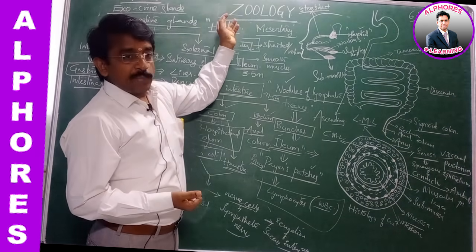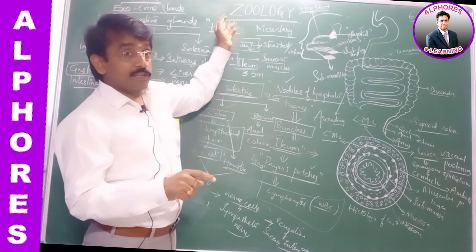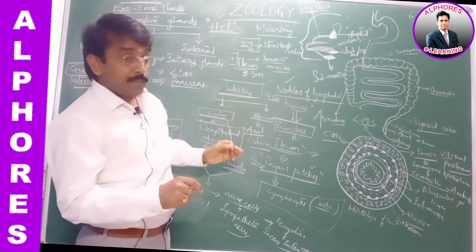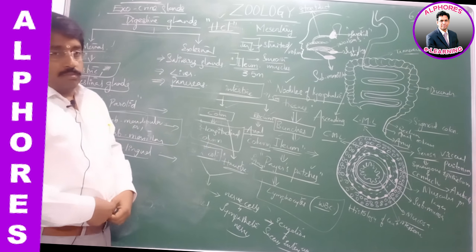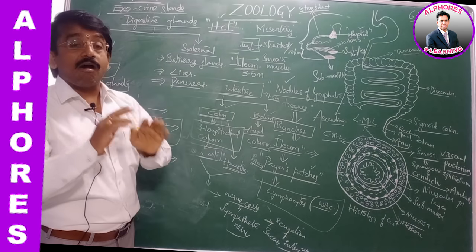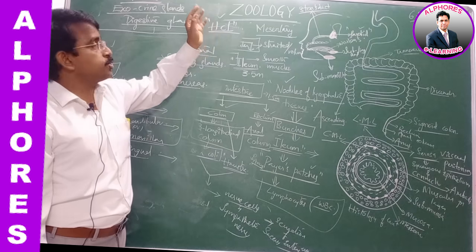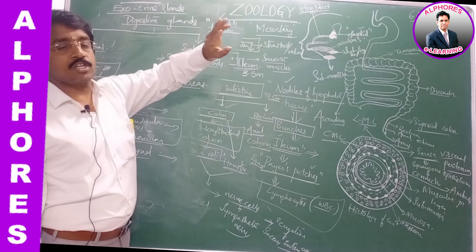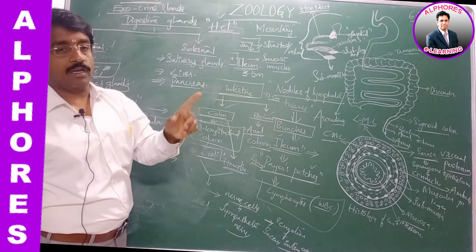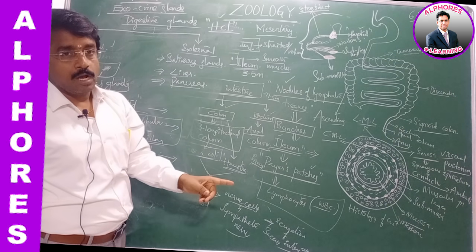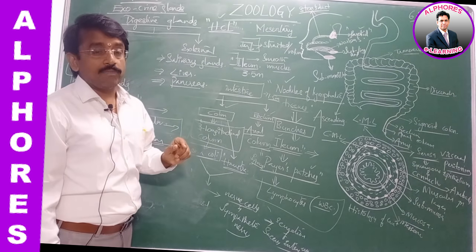That's what it is, an enzyme activator, kills bacteria. The microbes that enter into the stomach are killed by the acidic condition of the HCl. So HCl's role: conversion of inactive into active, killing bacteria, providing acidic condition.